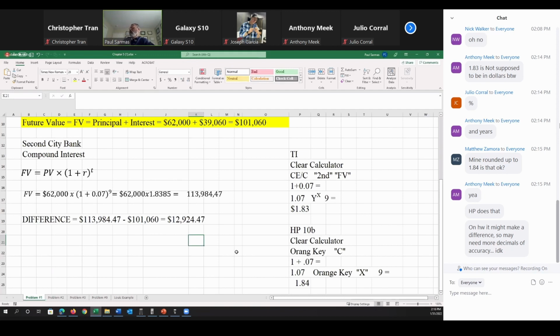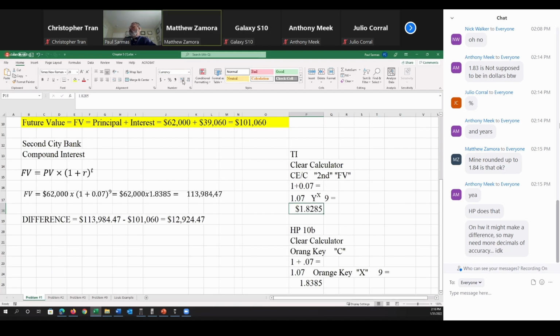I don't know why I want to show more decimal points. Professor, I have a question. Yes. On my, I have an HP calculator and it just rounded by itself 1.84.